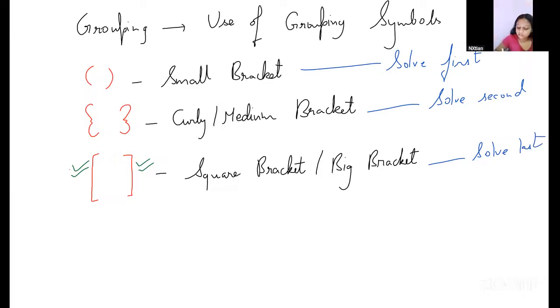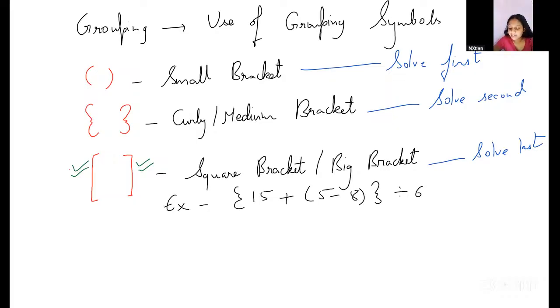Take a look at this example. 15 plus 5 minus 8 divided by 6. Now, take a look at the question very carefully.